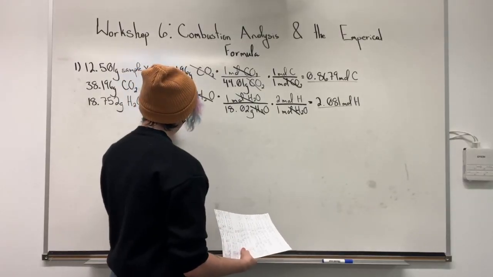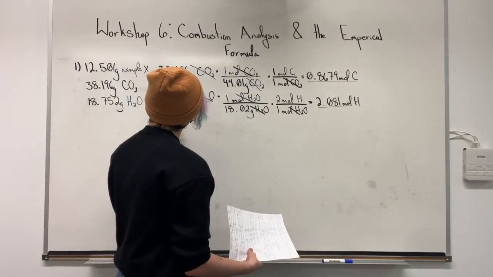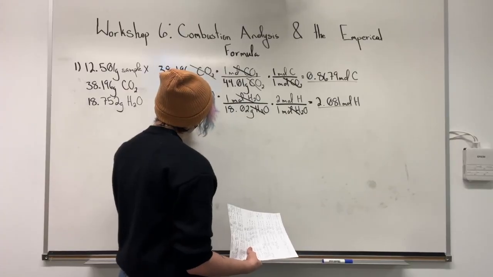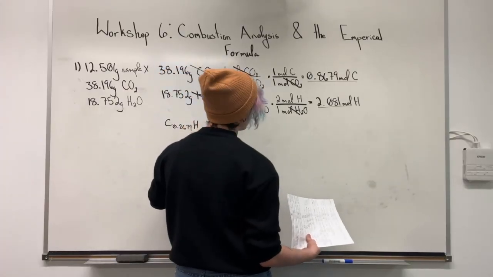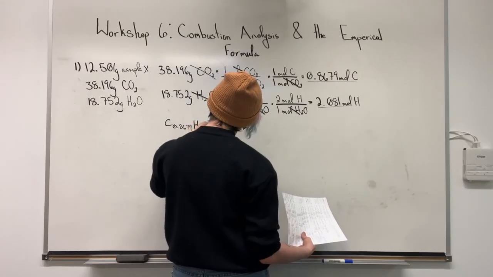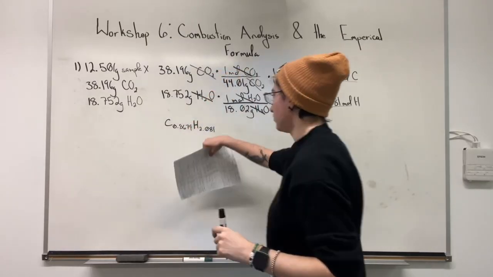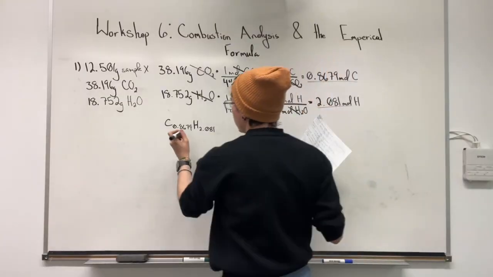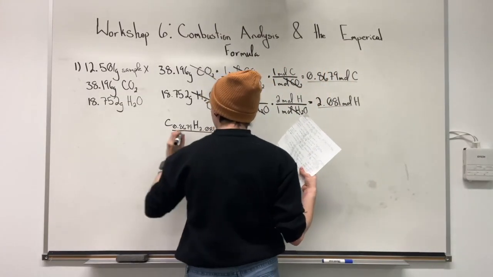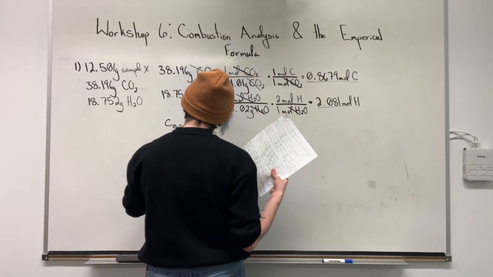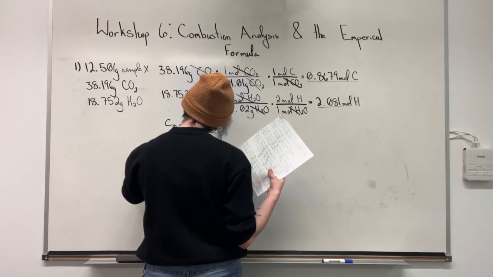So C 0.8679 H 2.081. 0.8679 is smaller than 2.081. And so we're going to divide both of these by 0.8679.